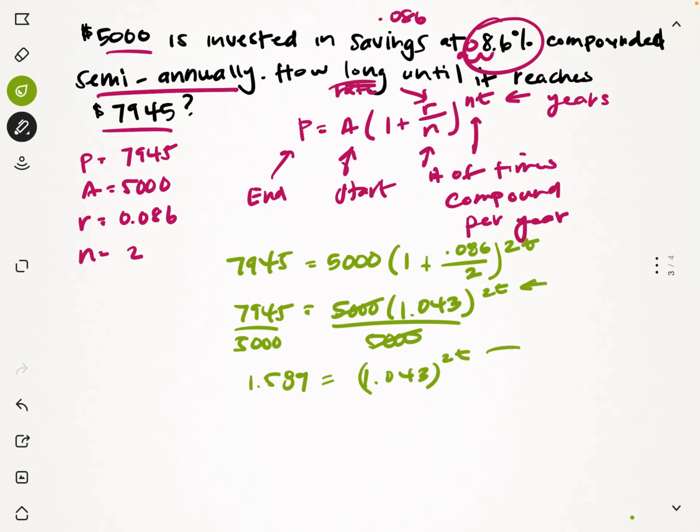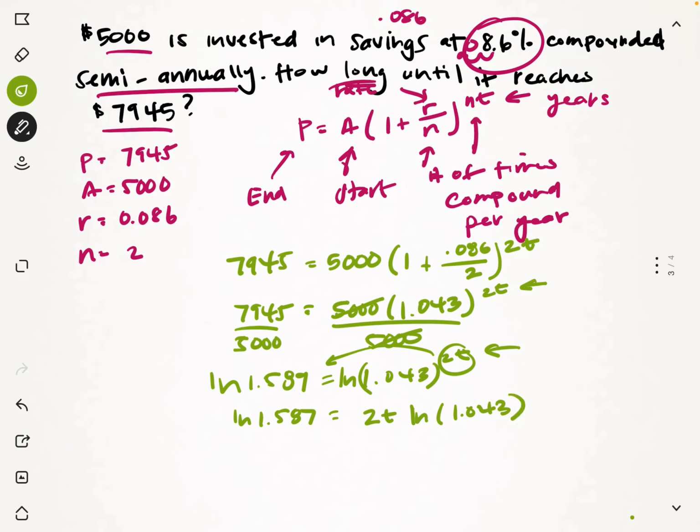Okay, so because we want to get to this variable in our exponent, we're going to ln both sides. So ln 1.589. The whole reason we want to ln is because we can take our exponent and put it in front of our ln. So 2t ln of 1.04.